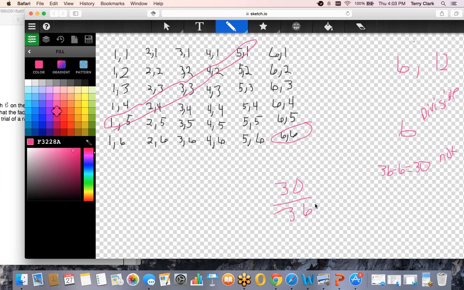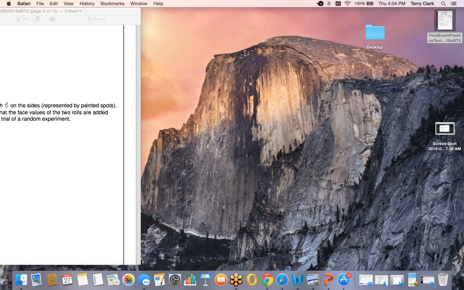Both of these numbers can be divided by 6, and that's going to give us 5 over 6.